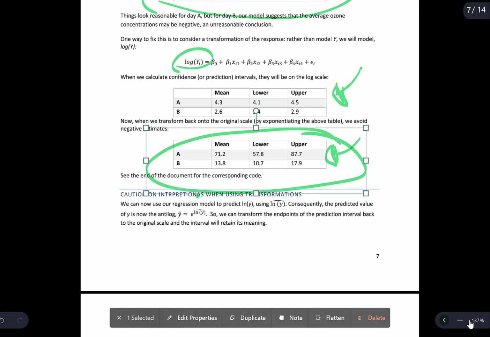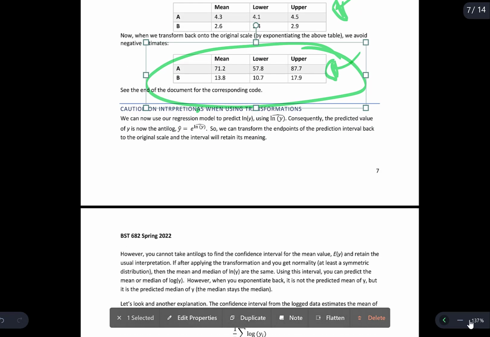Okay. So remember that previously in the linear regression course, we looked at prediction and confidence intervals. Doing that transformation with prediction intervals is fine. The reason for this is our regression model is used to predict the natural log of y. In this case, a prediction interval will be for a single day, not the average of days.